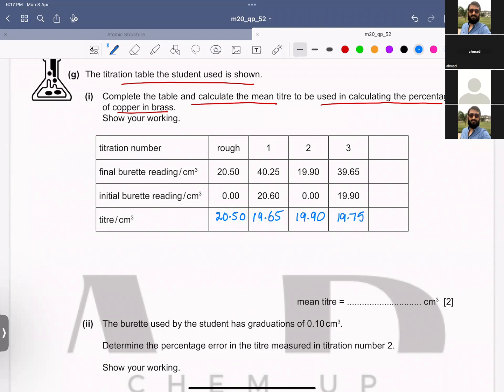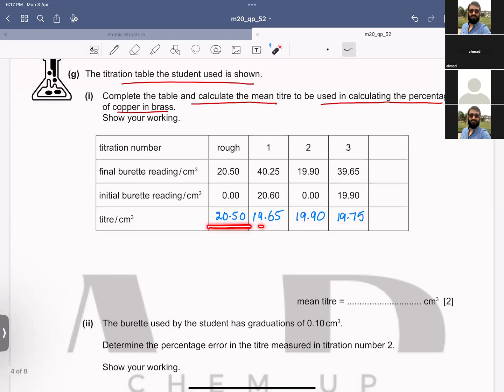Okay. Now I have to find the mean titer. There is one important thing you have to note: every time you are noting down the titration readings, these readings must be in 2 decimal places. See, instead of writing just 0, it is written 0.00, right? So every answer must be in 2 decimal places.